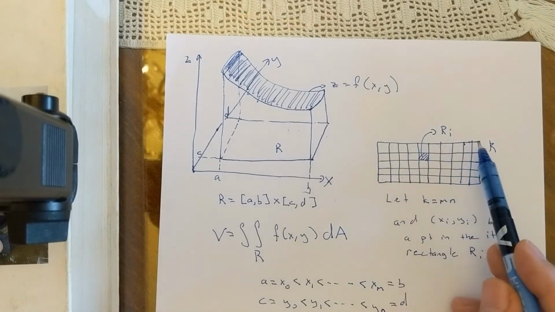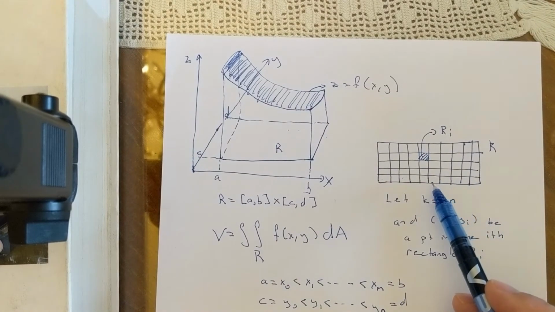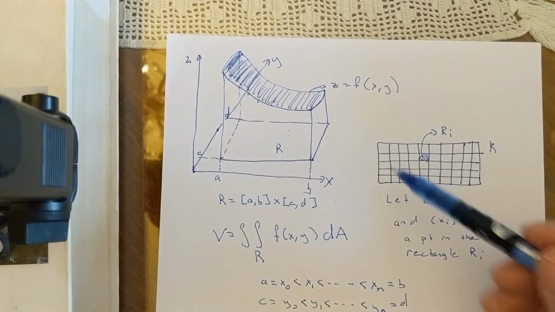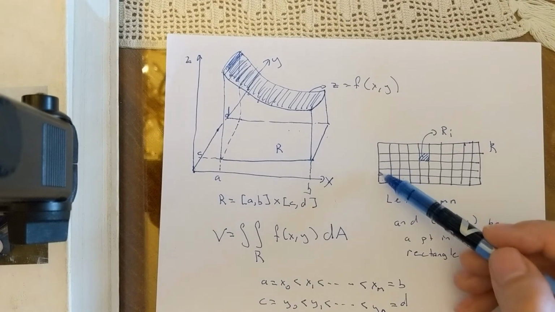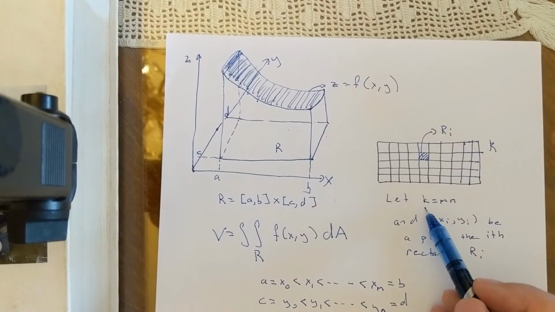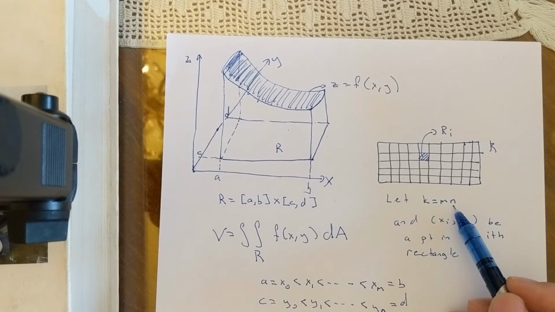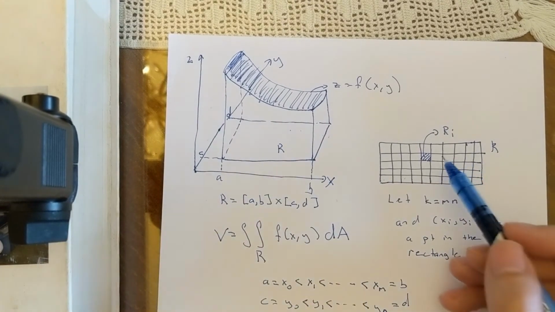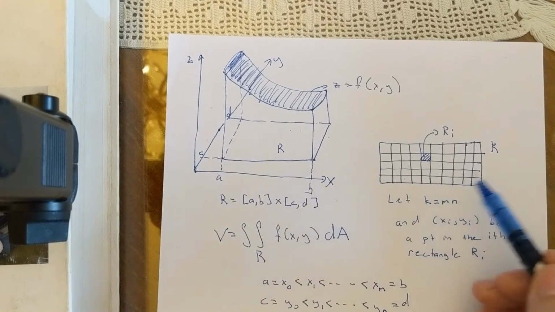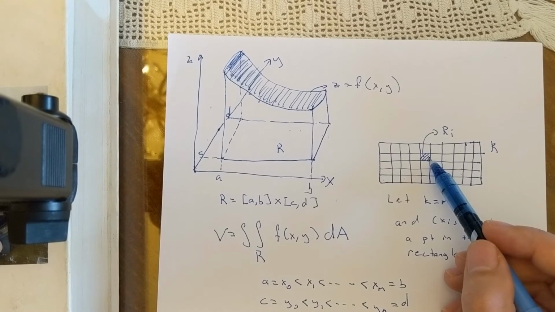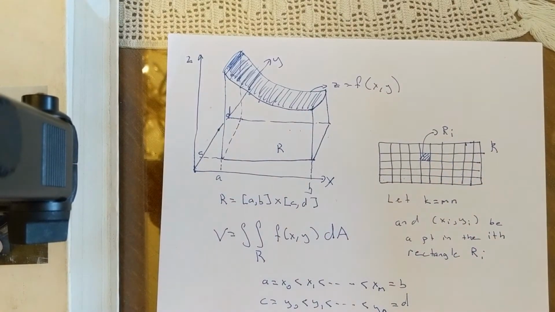I'm going to look in the x direction and break it into m pieces, and I'm going to look in the y direction and break it into n pieces. So how many rectangles are there? There are m times n, and I'll let that number be equal to k. I don't want to keep writing it over, and I'm going to concentrate on the ith rectangle, this little piece here that I've shaded.